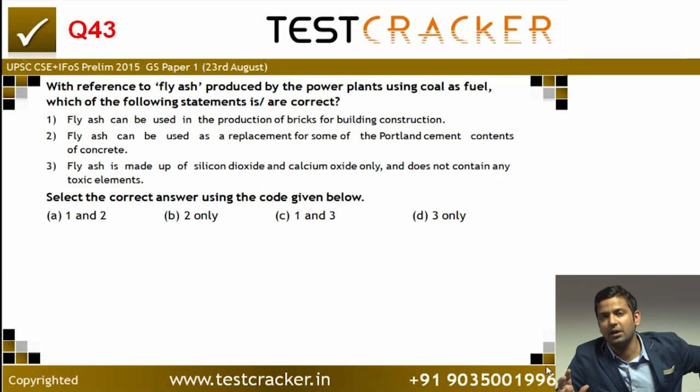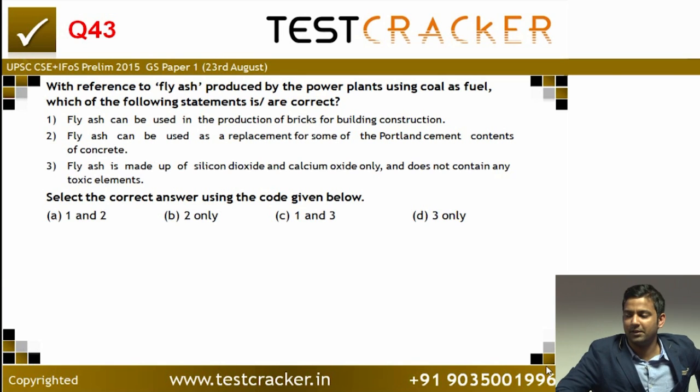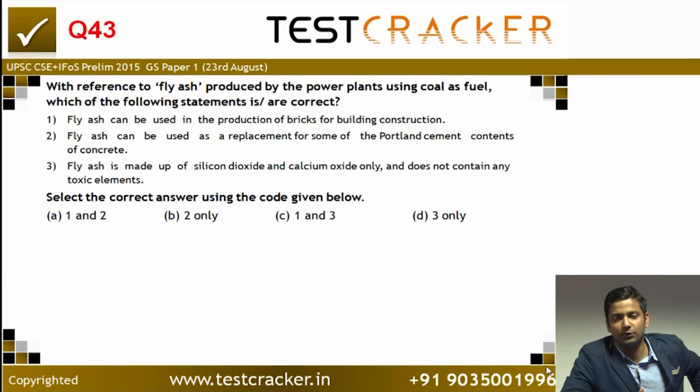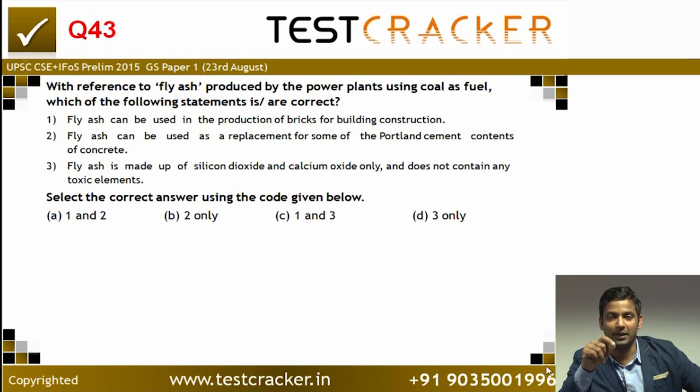Now come to the next question. Fly ash, produced by the power plants using coal as fuel. Which of the following statements is correct? Hopefully you would know the answer. If you don't know the answer, you would have to come to the usage of this. And in this case, like I have told you before, the approach is applicable.